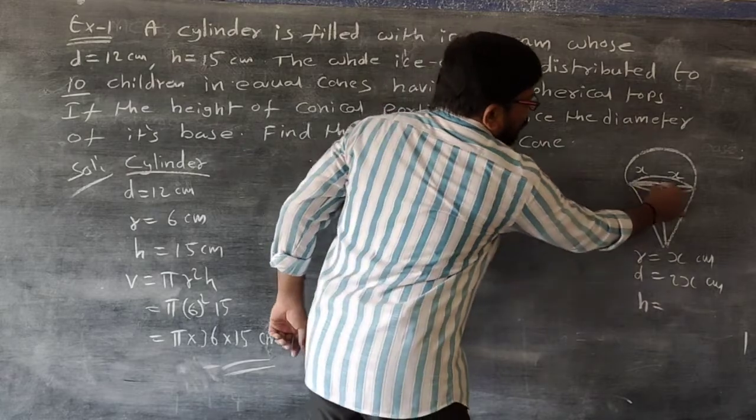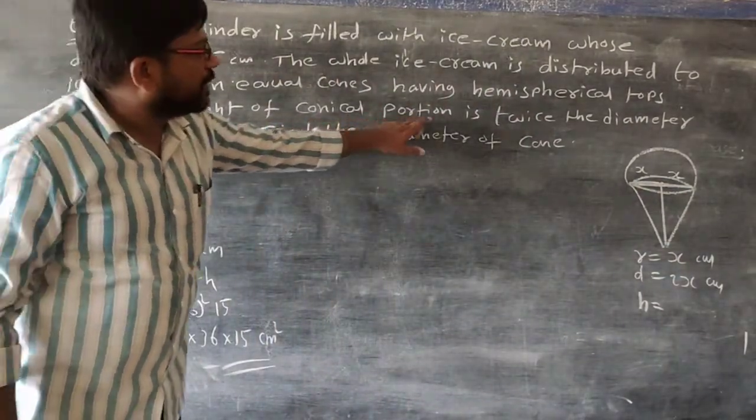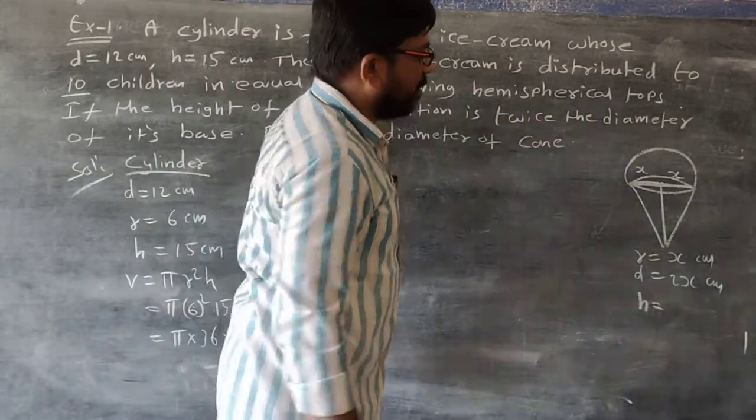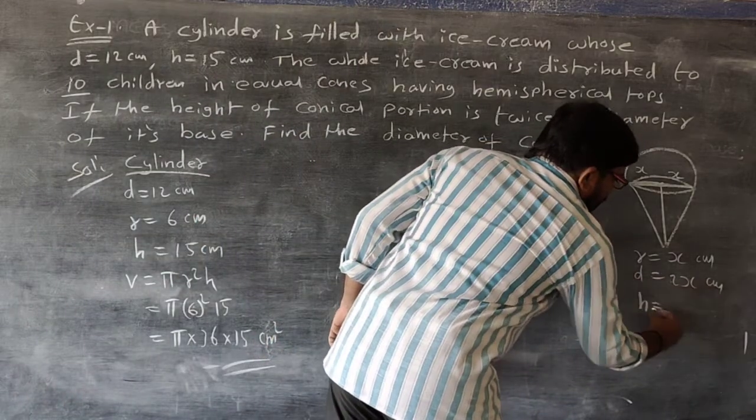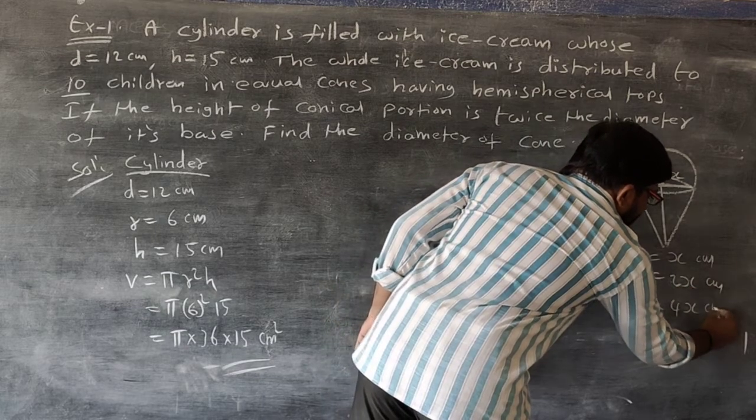What about the height of the conical portion? The height of the conical portion is twice the diameter. Diameter is 2x, so the height is 2 times 2x, that is 4x centimeters.